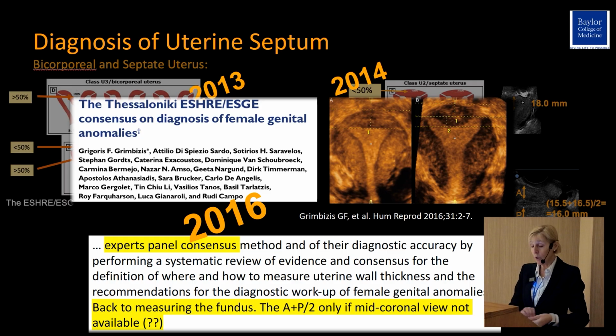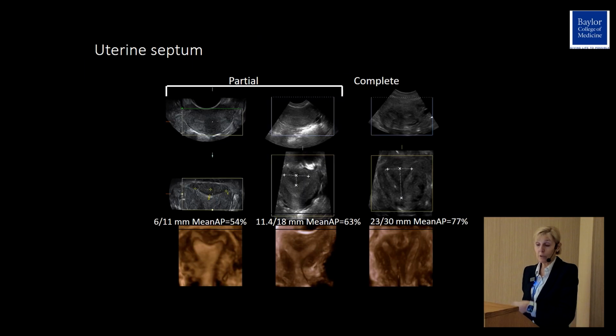Here is an example of what you would consider a septum if you use the classification from ASRM-ESGE. And what you can see here to the far left is a subseptation that was measured about 6 millimeters, but with a total thickness of 11 millimeters.